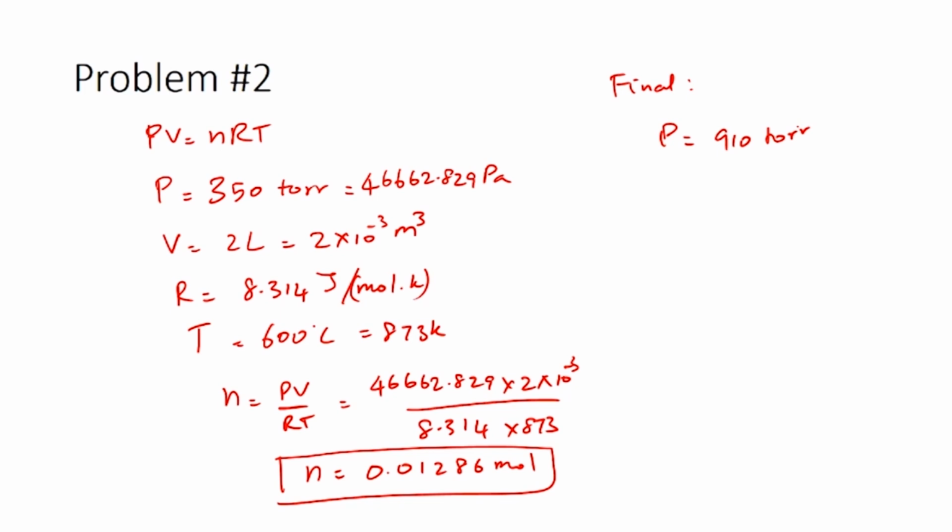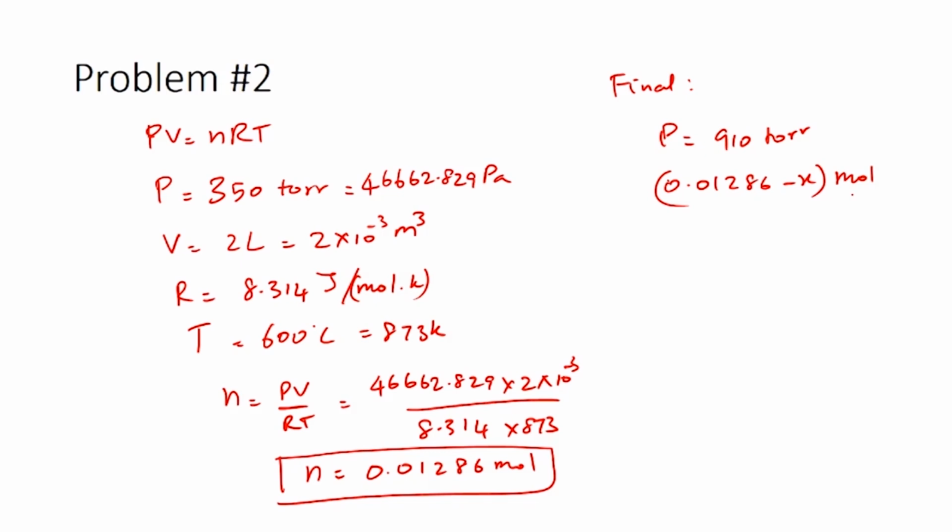If we assume that x moles of the dimethyl ether which was initially given is consumed, we have 0.01286 moles of dimethyl ether initially, and the final state would contain 0.01286 minus x moles of dimethyl ether. So, this would be the number of moles of dimethyl ether. Looking at the stoichiometry, we know that for every mole of dimethyl ether consumed, we would have 1 mole each of methane, hydrogen and carbon monoxide produced.